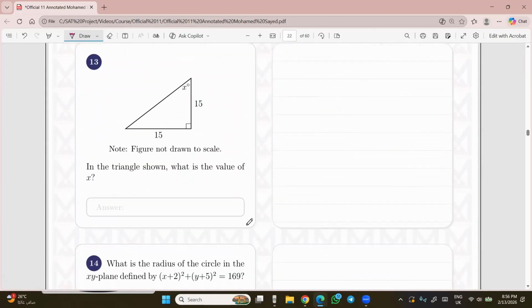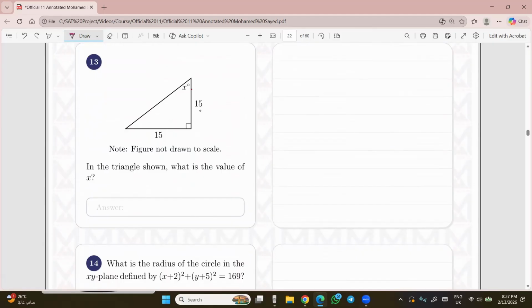Question 13. In the triangle shown, what is the value of x? Here it's an isosceles right triangle. What do I mean by isosceles right, or right isosceles triangle? It means if this is 15 and this is 15, these two angles must be the same. And I advise you not to rely on your eyes.